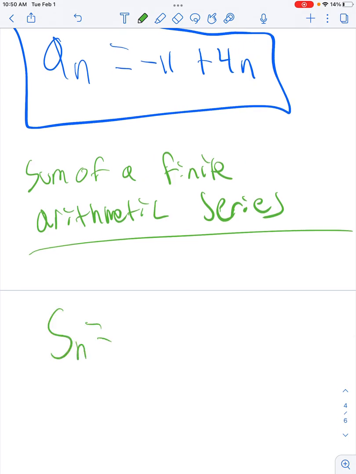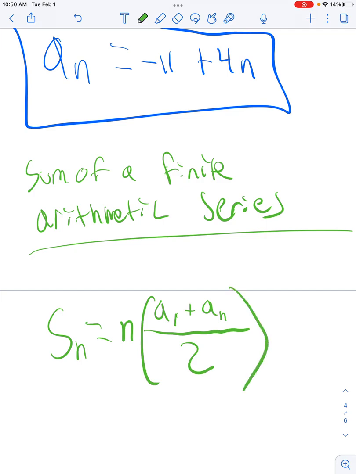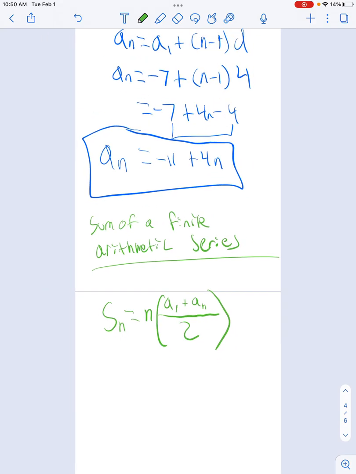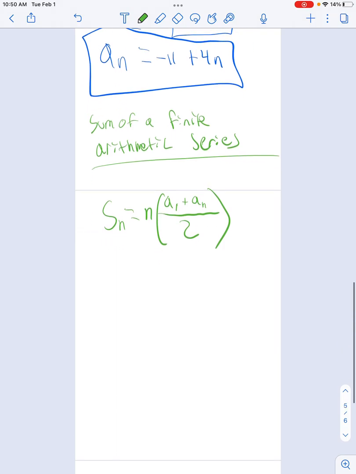And this formula is given as, if you're trying to find the sum, you're going to take a1 plus a sub n and divide it by 2. Sn is the mean of the first and the nth terms multiplied by the number of terms. So again, you're trying to find the average, and then you multiply it by the number of terms.